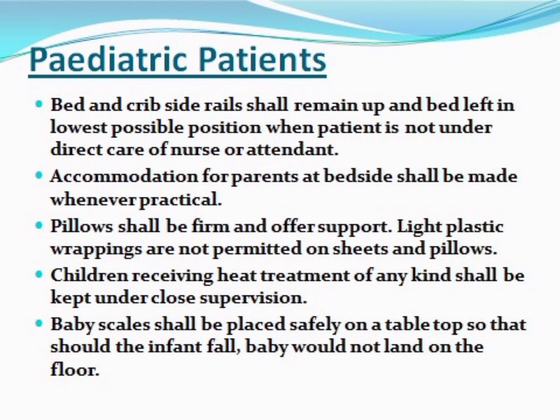For pediatric patients, bed and crib side rails shall remain up, and the bed left in the lowest possible position when the patient is not under direct care of a nurse or attendant. So always providing bed crib side rails is very important for pediatric cases, again to prevent falls. Accommodation for patients at bedside shall be made whenever practical.